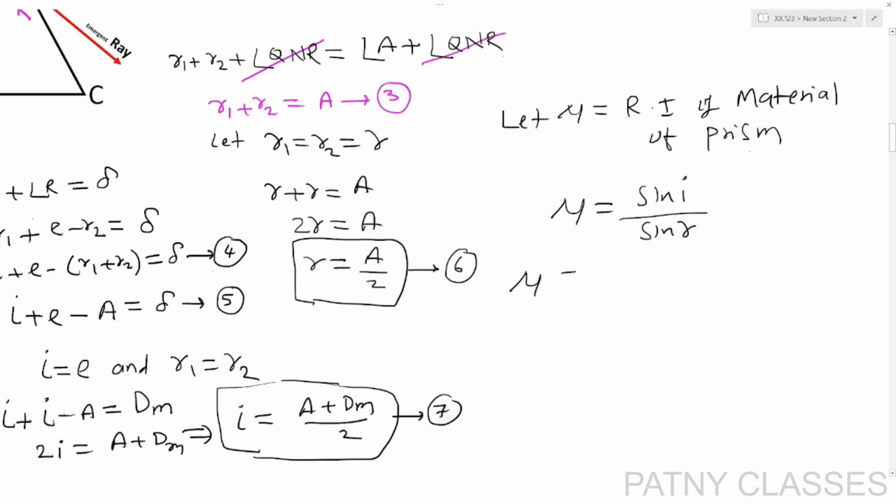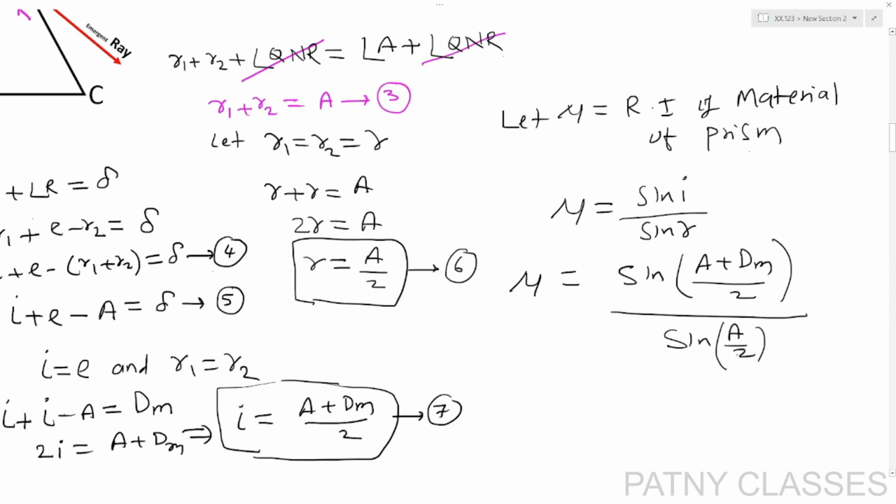Therefore, from equations 6 and 7, mu equals sin of (A plus Dm) upon 2, divided by sin of R. R is nothing but A upon 2. This expression is called the prism formula. Hence we derived the prism formula.